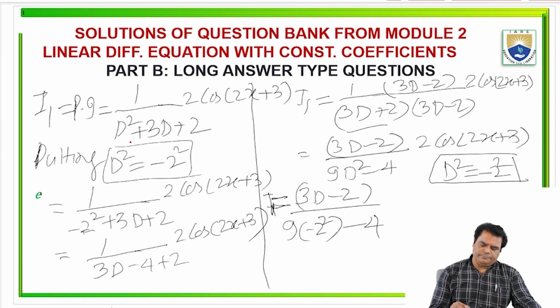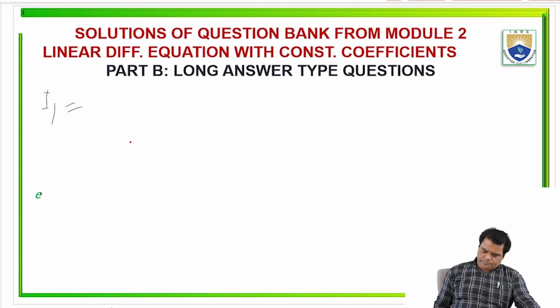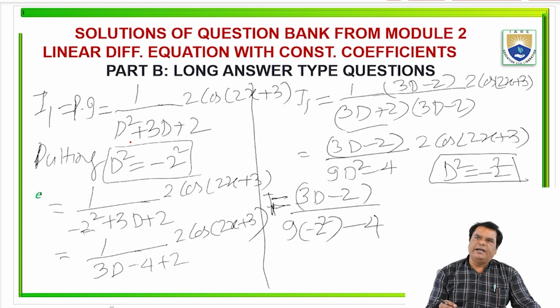This is I1. So now I1 is equal to the function multiply in bracket.